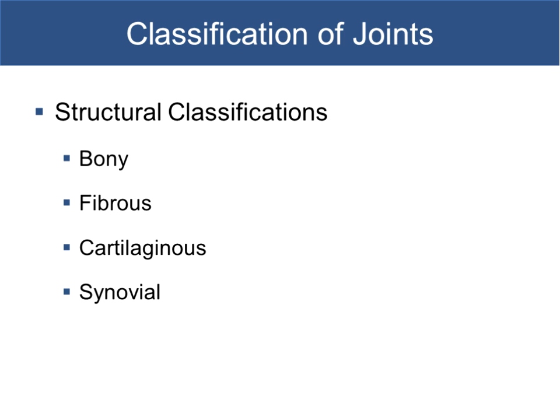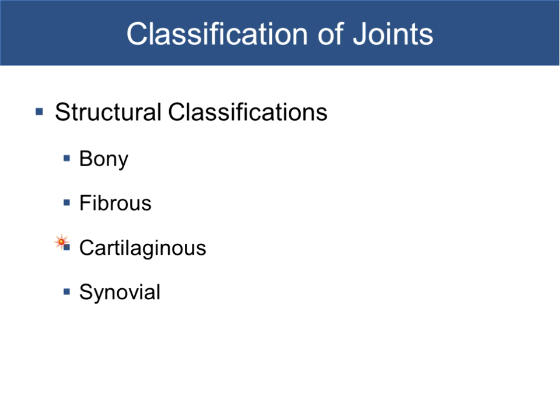Now for the structural classification, remember this is where we just talk about those anatomical features, where it can be a bony joint, where two bones fuse together. Good example of that would be that synarthrotic joint of your skull. It can be fibrous joints where we have a fibrous capsule that helps to make up that joint and confer some strength for it.